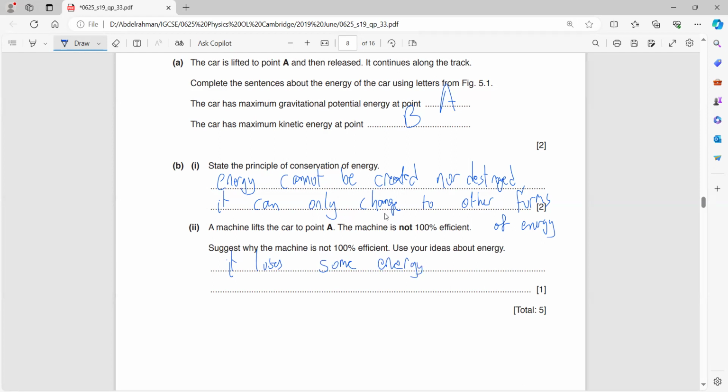And I can say the form of energy. Usually the form of energy lost is heat or thermal energy. Okay, nice. Easy.